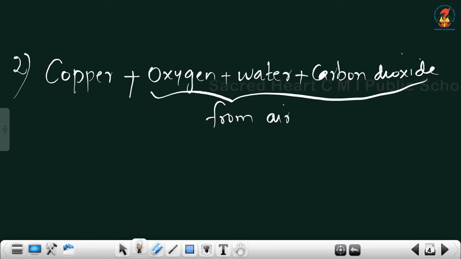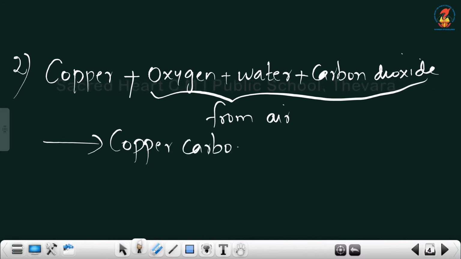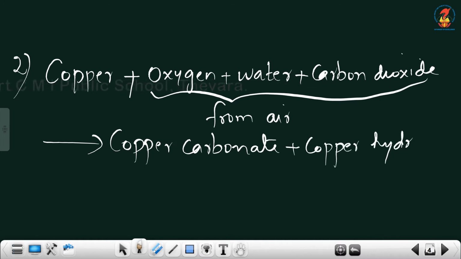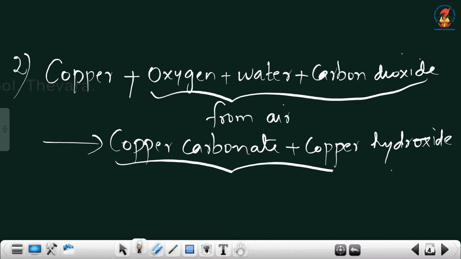From air, what you get is a mixture of copper carbonate and copper hydroxide.